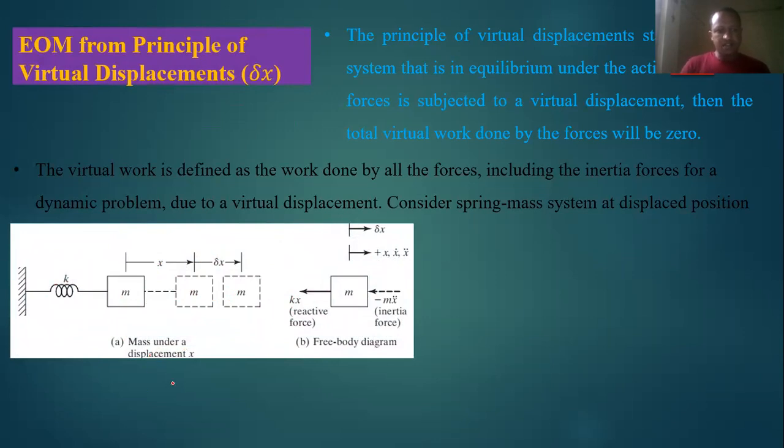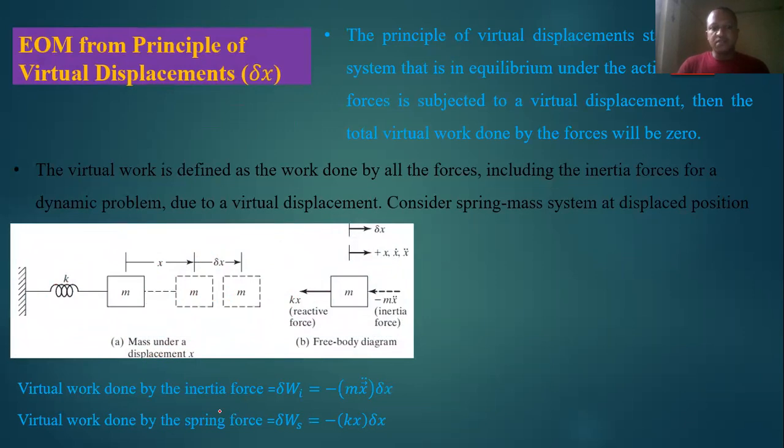For this system, the virtual work done by the inertial forces, delta Wi, is equal to minus m x double dot times delta x, and the virtual work done by the spring force, delta Ws, is equal to minus kx delta x.